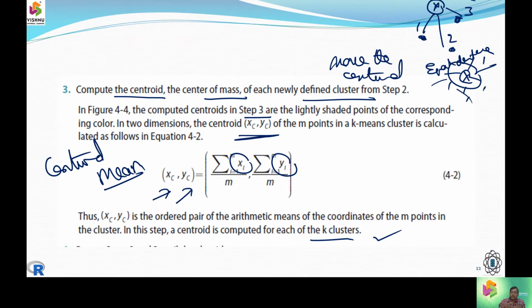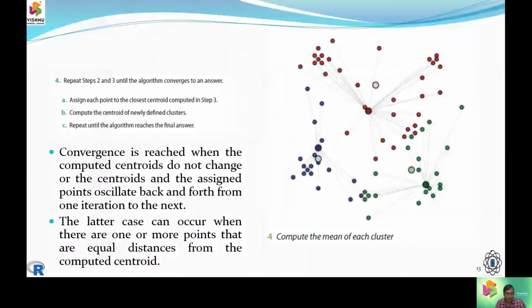But when I'm going to work with a k-medoid algorithm, if the value is not existing, to which element it is nearer, to that we are going to move that value, and that existing value we are going to treat as a medoid value. But as far as the mean value is concerned, the mean value that we generated need not be a point which is part of the data set. So that is the key takeaway we have to understand at this point of time.